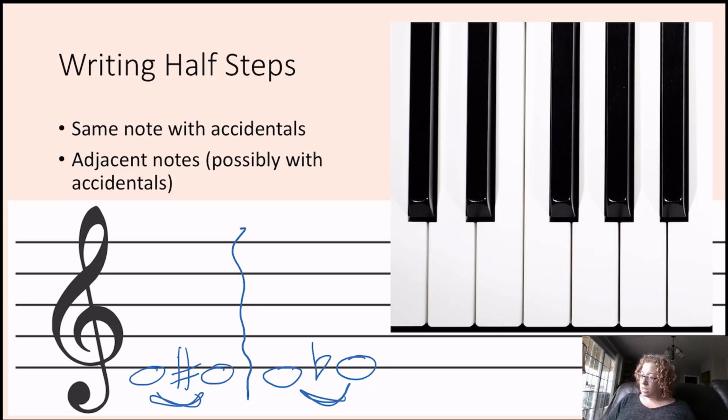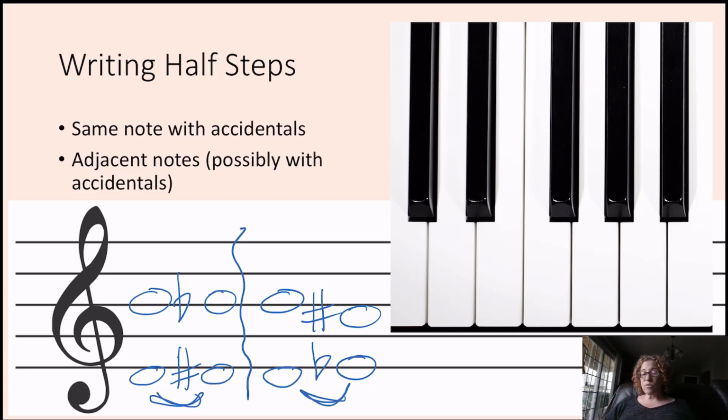So B and B flat, or I might say B and A sharp, right? Again, different ways to write things. So always remember the accidental comes before the note and after the letter name. Okay, so just really important to remember that.